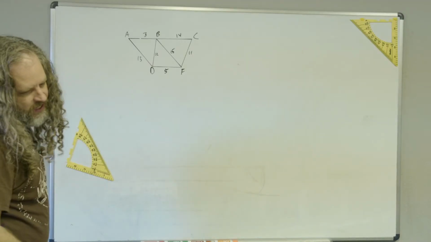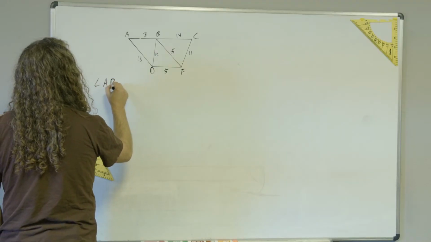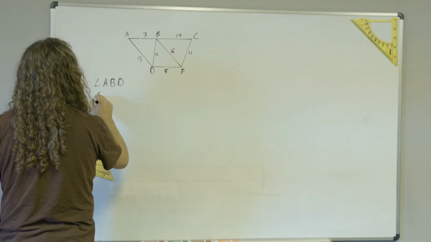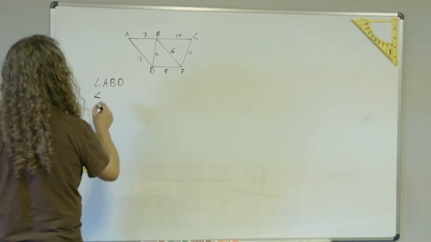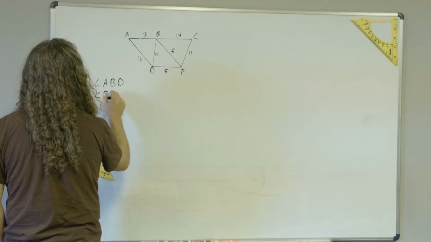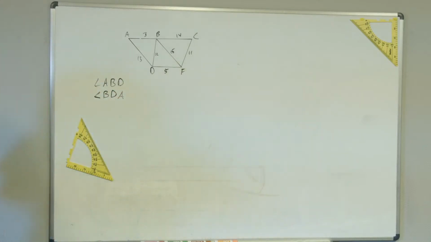So angle ABD and angle BDA. Okay. This goes back to the very beginning, right? Making sure we understand how to name angles.